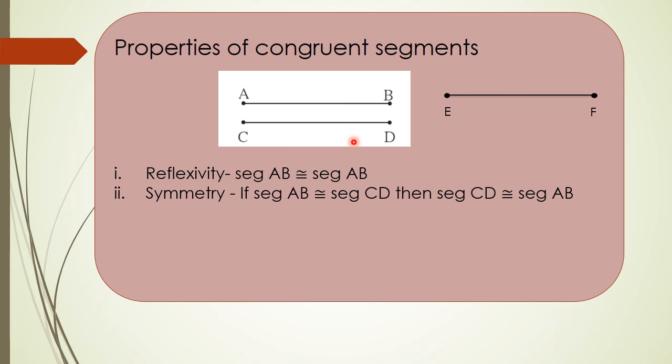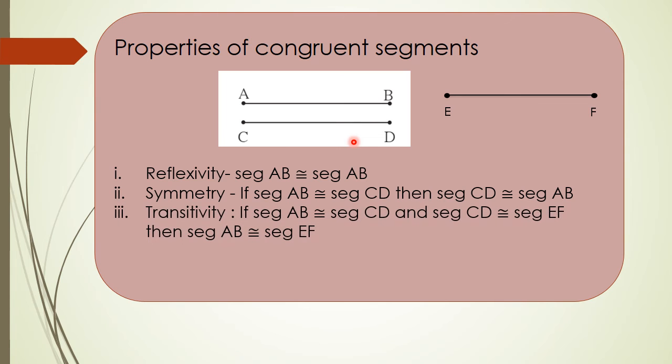Now the third property is transitivity. What is transitivity? If we have one more segment EF, just consider that. If segment AB is congruent to segment CD, we already know that if AB is 5 and CD is also 5, then both the segments are congruent. And if EF is also 5 centimeter and CD is congruent to EF, then ultimately what will happen?